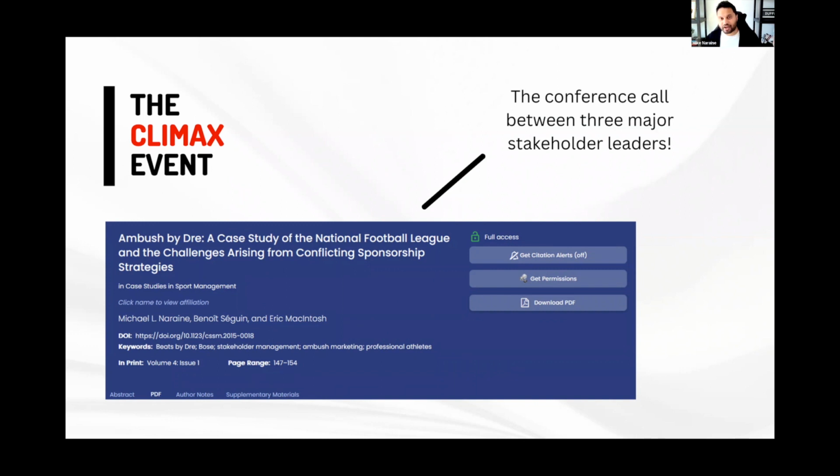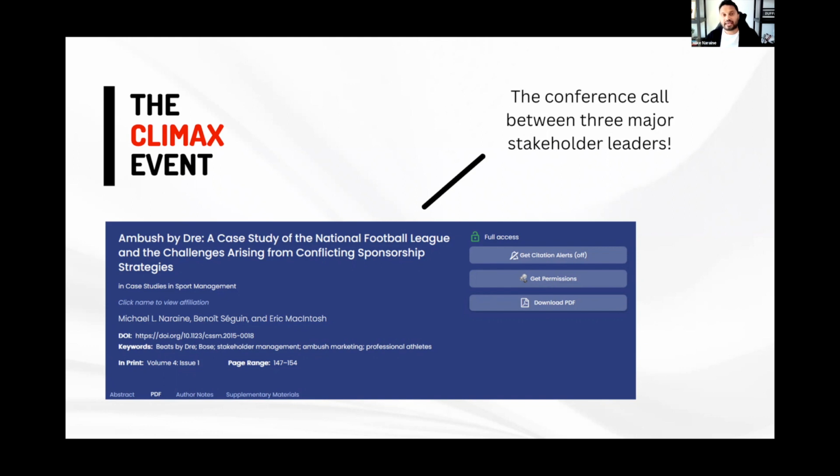Just as a quick fast forward, the case focuses on the NFL in the United States and one of their core sponsors, Bose, in the wireless headphones and sound category, and how Beats by Dre, an Apple Music or Apple technology-based sub-company, has been ambushing the official sponsorship by sponsoring individual NFL athletes over time.